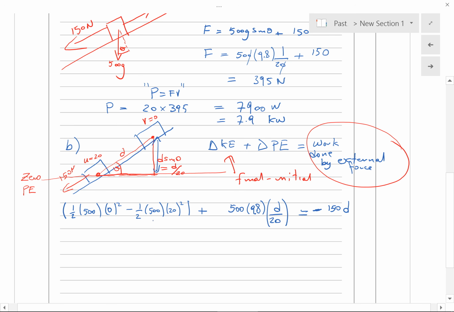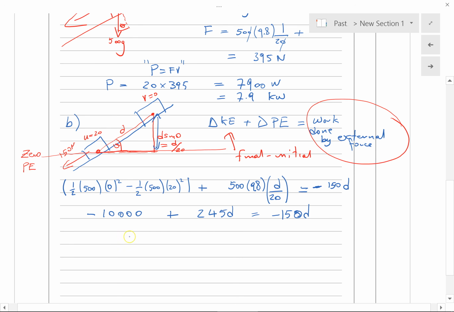The 20 squared is going to be equal to 10,000, minus, of course, this amount here, which is going to be equal to 245 D, is equal to minus 150 D. Let's bring all that over to the same side.